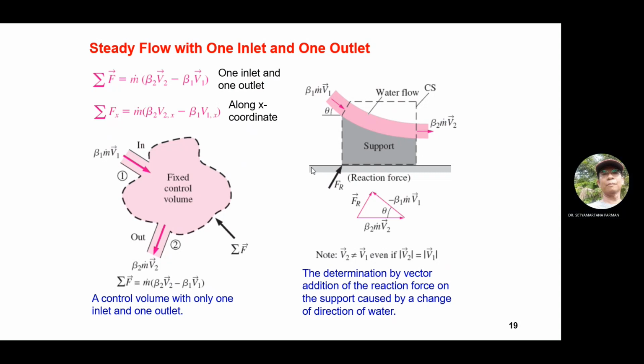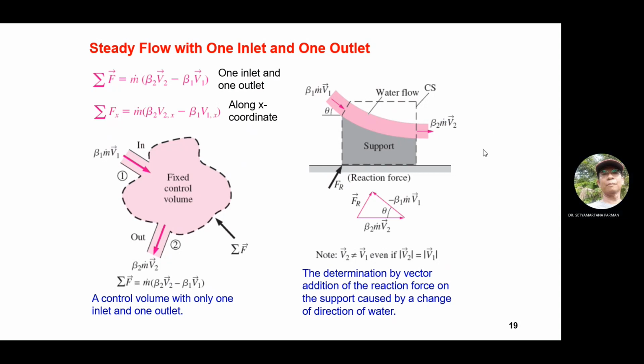While for the reaction given by the ground, in general, we can place FR in this direction. So it has a component in the X direction and a component in the Y direction, positive.